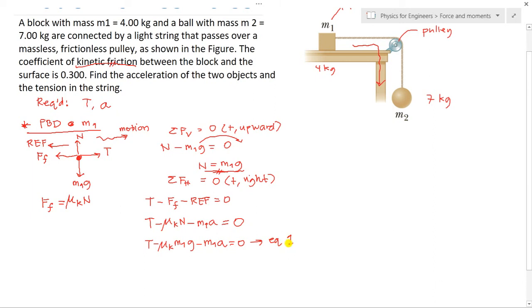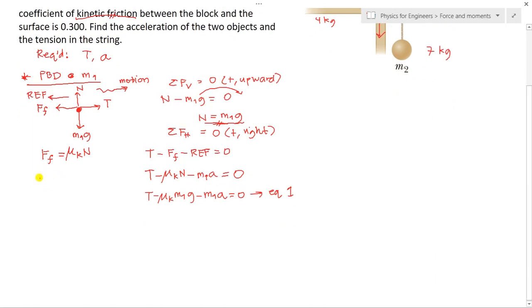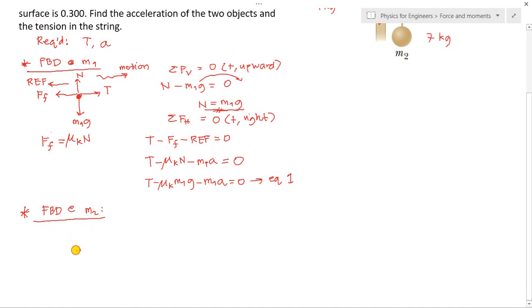Okay, now that we have equation 1, let's jump to the FBD at mass 2. For the FBD at mass 2, again, just draw a point that will represent our mass 2.